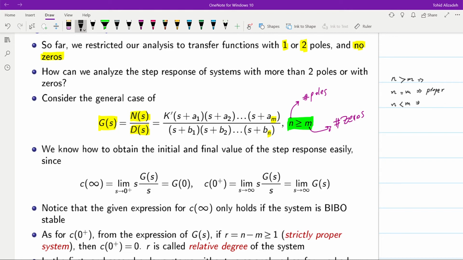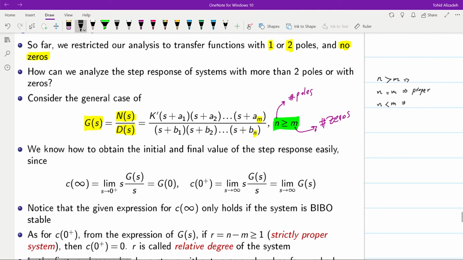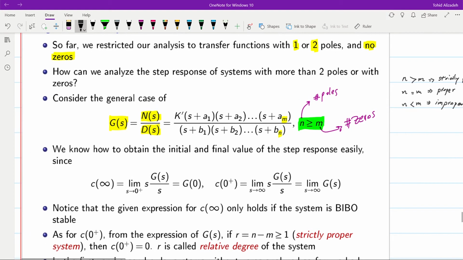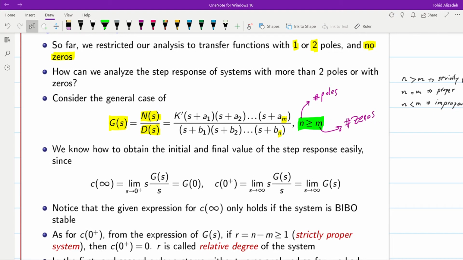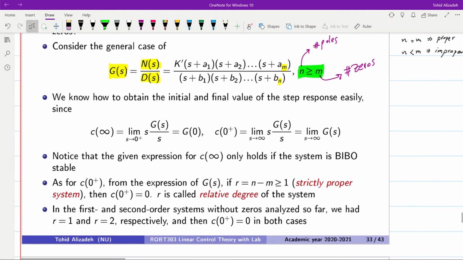When m and n are equal to each other, it is a proper system. When n is bigger than m, we have more poles than zeros, and it is a strictly proper system. And improper when we have more zeros than poles. That kind of system is not physically realizable. For physical systems, we never have more zeros than poles.